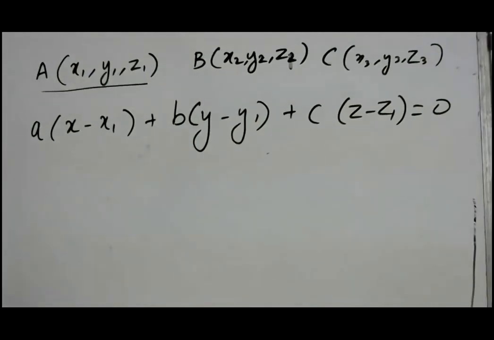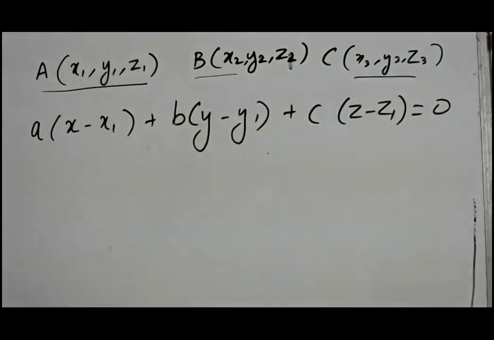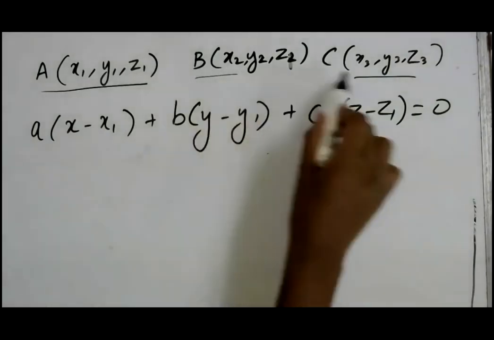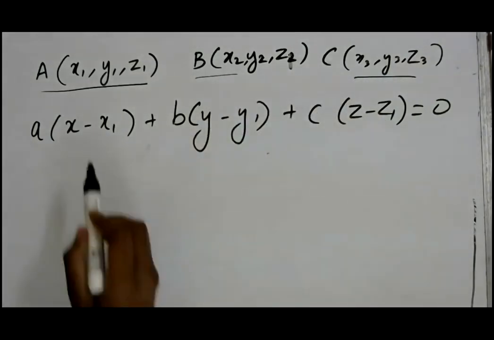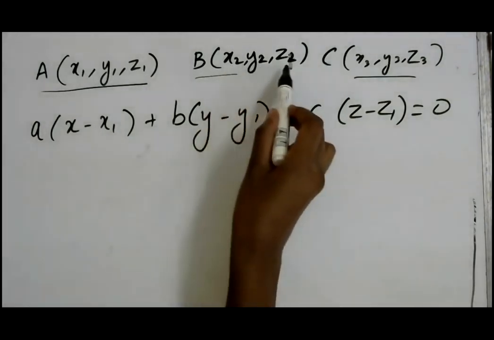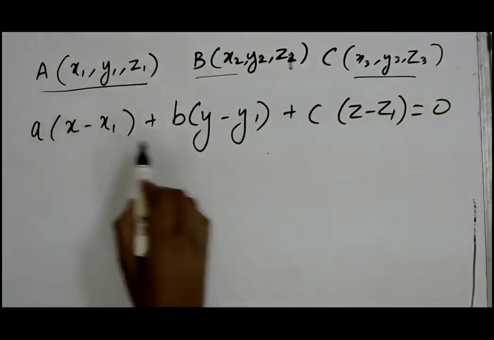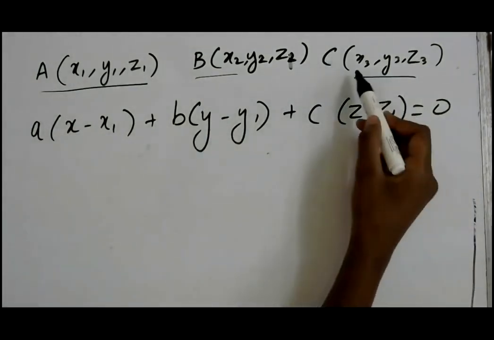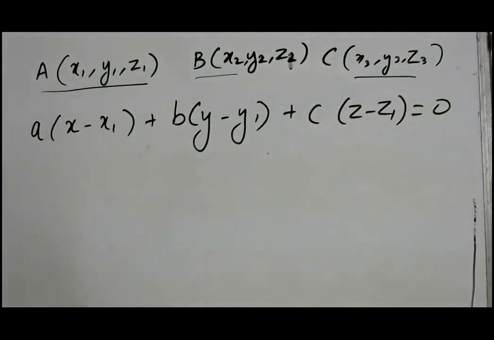Now, since these 2 points also lie on the same plane, they should satisfy this equation. Wherever x, y and z are there, if I substitute x2, y2 and z2, the equation is going to be 0. Similarly, if I substitute x3, y3 and z3, the equation will again be satisfied and the resultant will be 0.